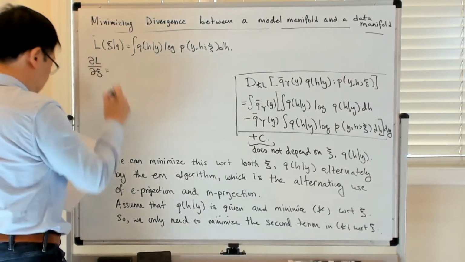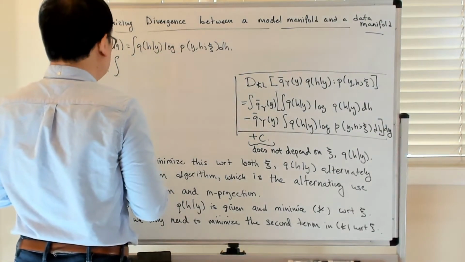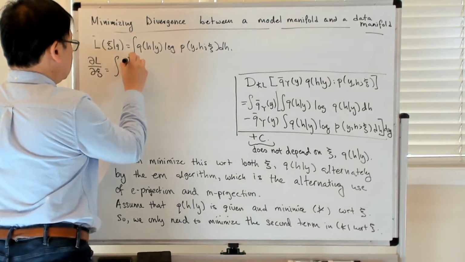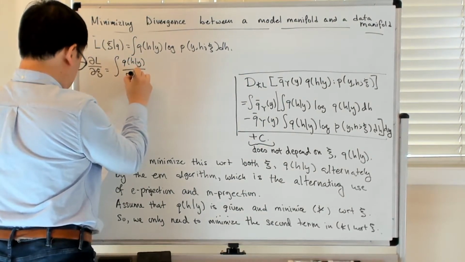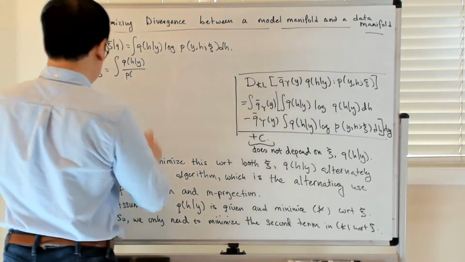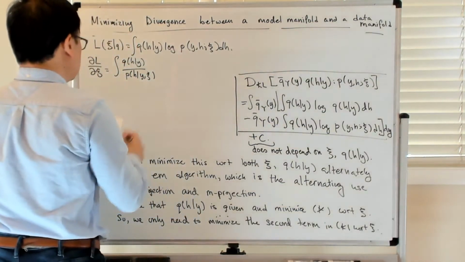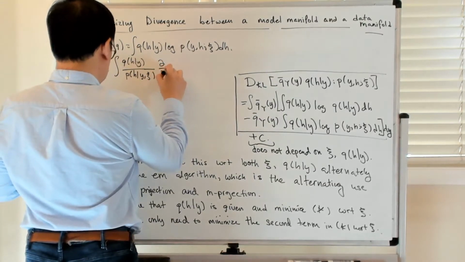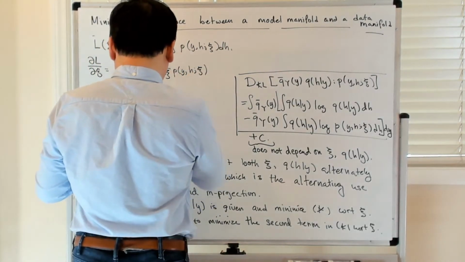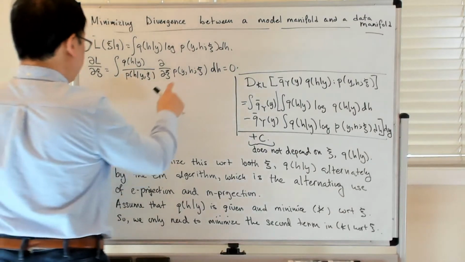So dL/dC is given by the integral. I'm just going to differentiate under the integral sign, Q(H | Y), P, and that is equal to 0.